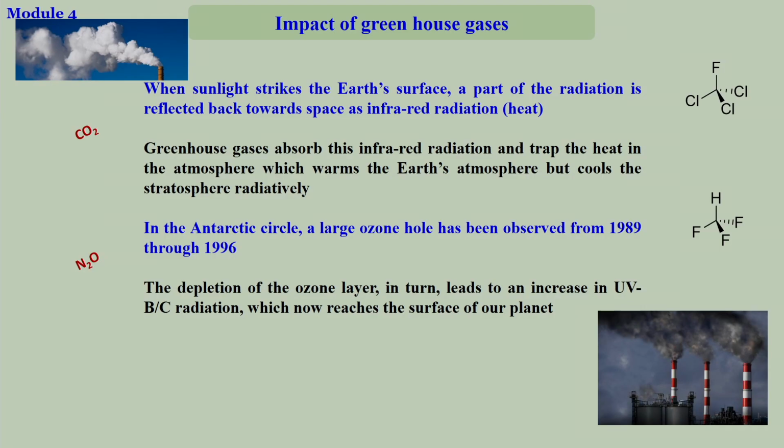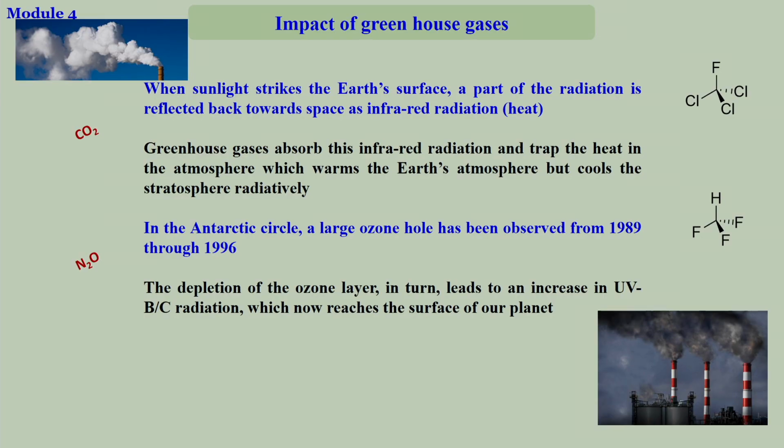So, the impact of greenhouse gases, everybody knows nowadays what the greenhouse gases and pollution are doing to the earth and to our body as well. Greenhouse gases means gases like carbon dioxide, nitrogen dioxide, and most notoriously and in large quantity, the chlorofluorocarbons. They are used in huge quantity in various sectors of life.